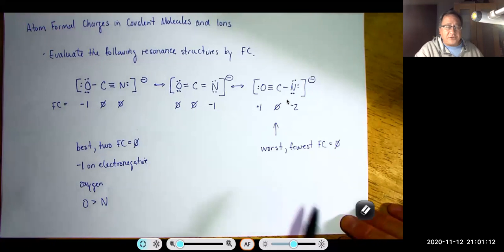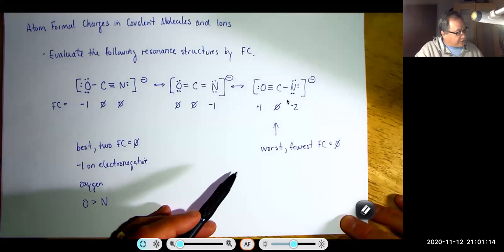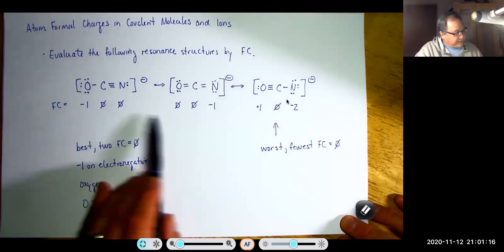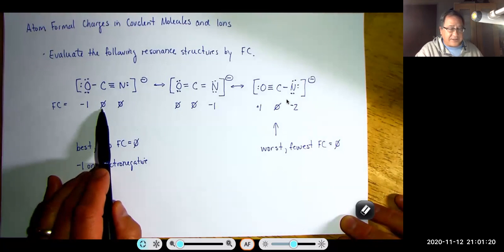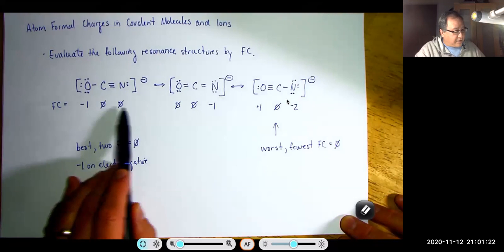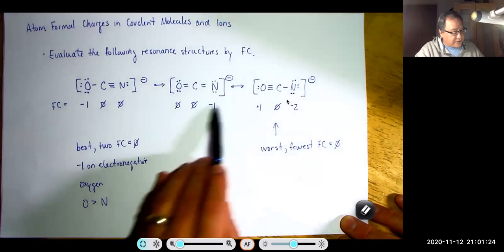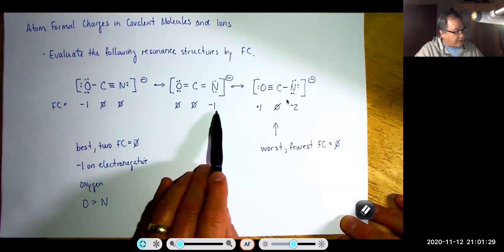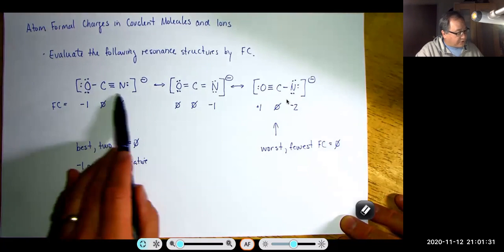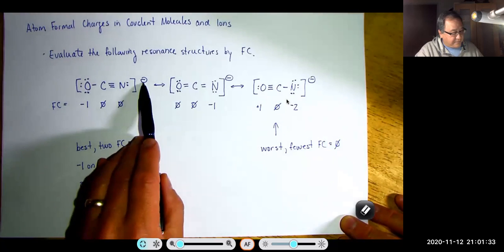And then once you've convinced yourself of that, I'm going to show you the formal charge on each of these. This oxygen's a -1, this is a 0, and this is a 0. On this Lewis structure, this oxygen's a 0, this carbon's a 0, this nitrogen's a -1. Notice how all the formal charges add up to -1.